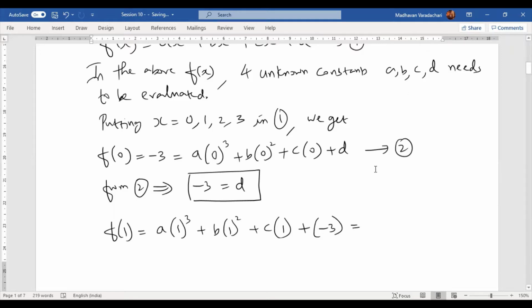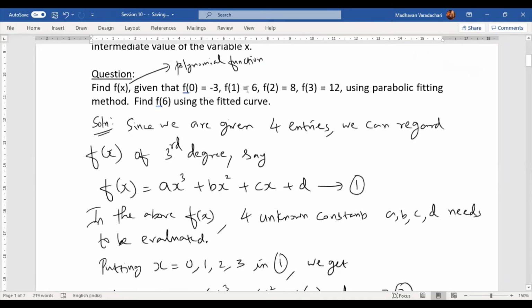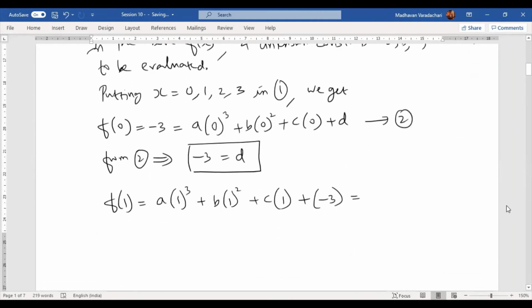F of 1 value is also given in the question as 6, equated to 6. So this becomes our third equation. So a into 1 cube is nothing but a, b into 1 square is nothing but b, c into 1 is c, and take this -3 to the other side, it will become +3. That means 6 plus 3, it will be 9.